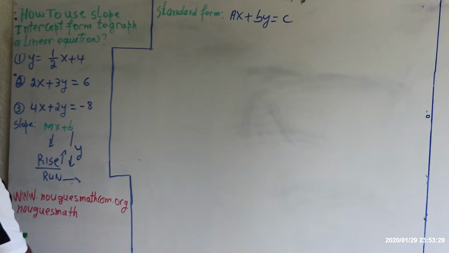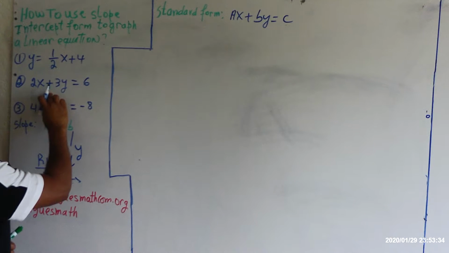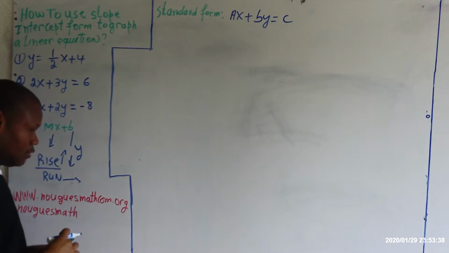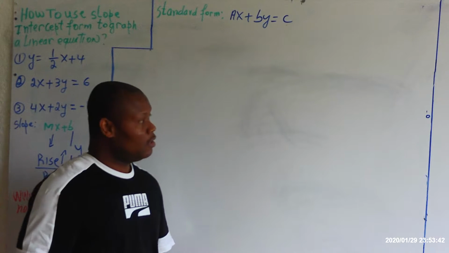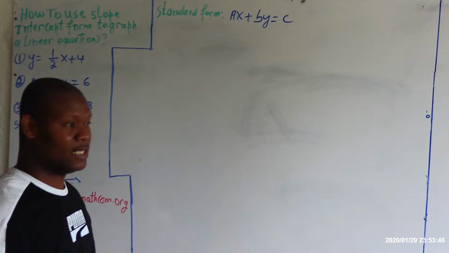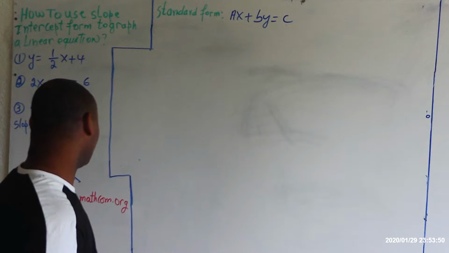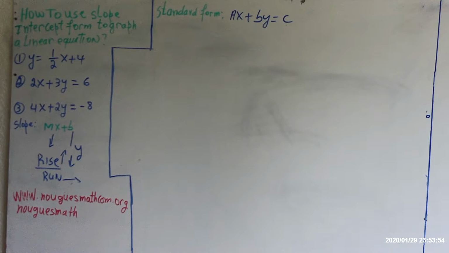In order to convert the standard form to a slope form, I will need to use the prerequisite skill I have from solving linear equations. The first skills you learn, you will use now in order to transform the standard form to a slope form.